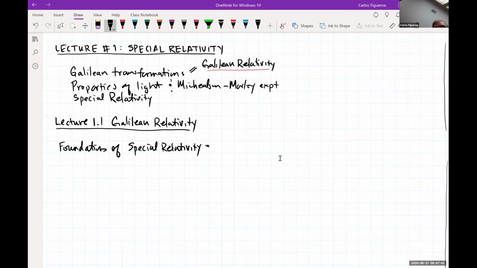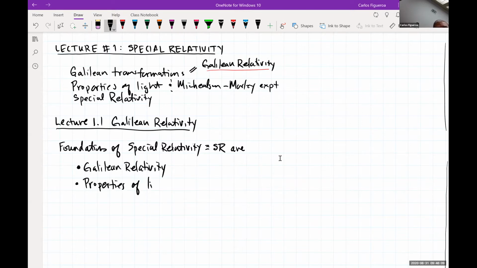I'm going to define this as SR. So the foundations of special relativity are 1, Galilean relativity, and then 2, we need to understand the properties of light.